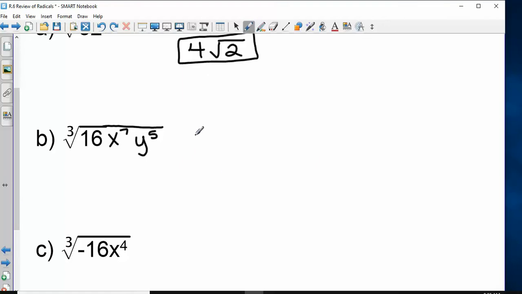All right, 16, is that a perfect cube? Try it. Do cube root of 16 on your calculator. Do we get a nice answer? No. Okay, so we need to break it into a perfect cube.